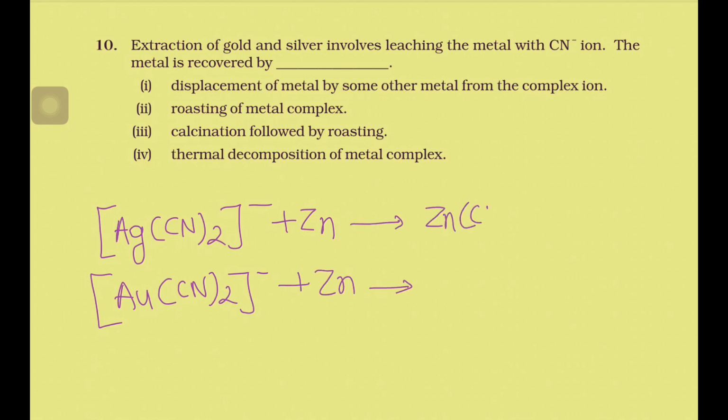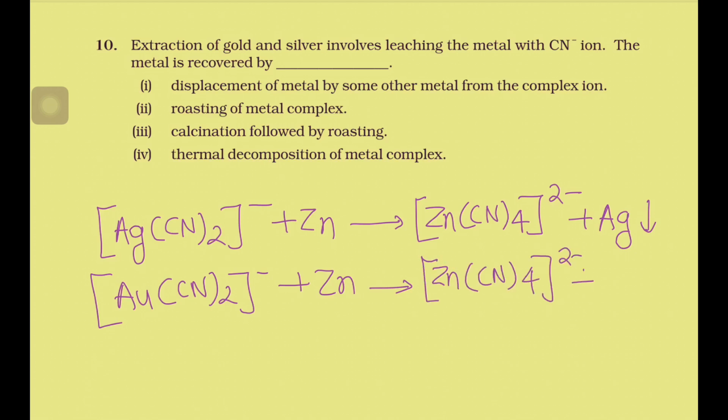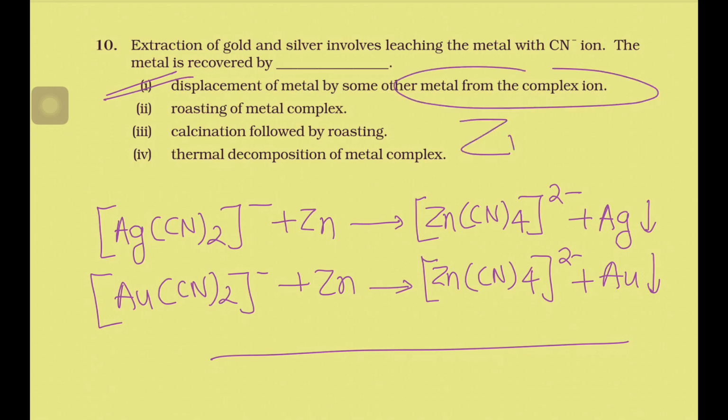Zinc forms a stable complex, [Zn(CN)4]2-, and silver is precipitated out. Similarly, in this case it will form the complex and gold will be precipitated out. So it is displacement by some other metal from the complex ion. That is correct. And that metal is zinc.